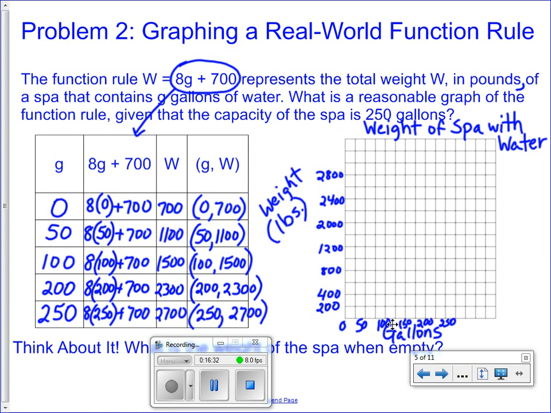I'm going to choose a different color here so we can see those points. We have 0, 700, which would be right about there, 50, 1,100, 100, 1,500. All right, I can see I've made a mistake here in my graph. Here, I need to renumber.